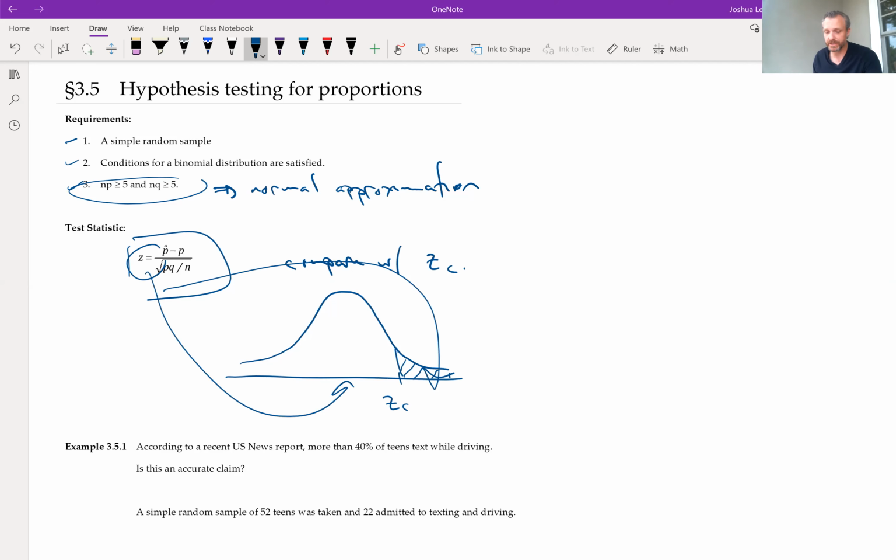And depending on which region will dictate whether or not we reject or fail to reject the null hypothesis. Again, this region over here is the fail to reject the null. Okay. So let's take a look at an example.